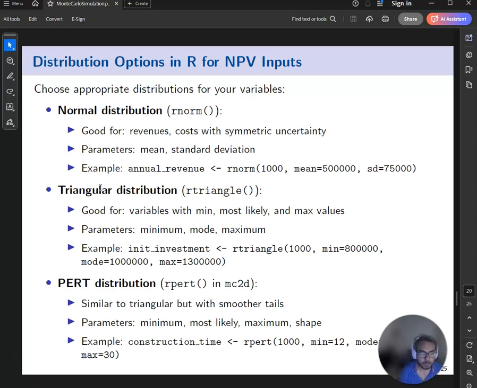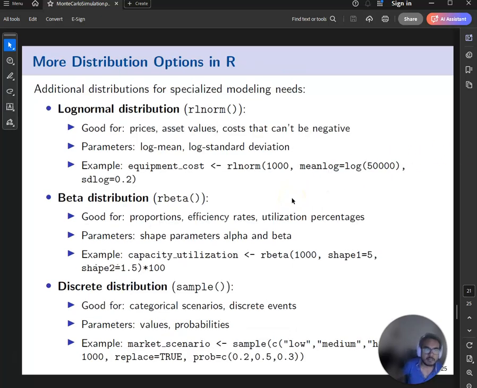We also have a PERT distribution, which is similar to triangular but with smoother tails. We have log normal distributions, which are good for variables like prices, asset values, and costs that cannot be negative. We have the beta distribution, which is good for proportions, efficiency rates, and utilization percentages.